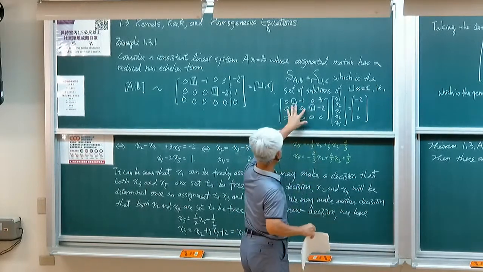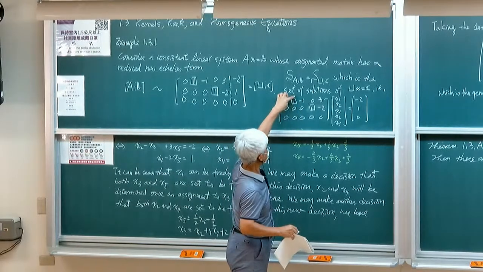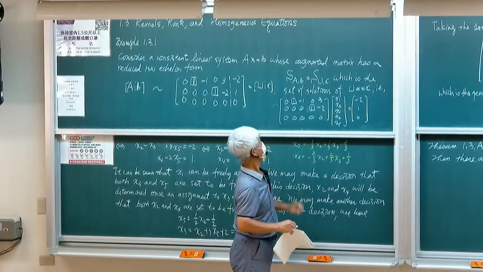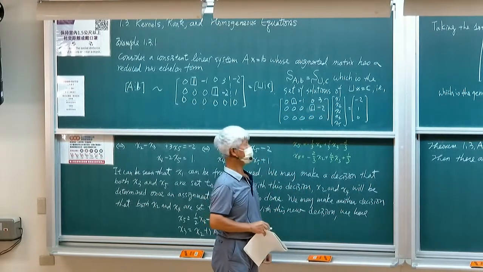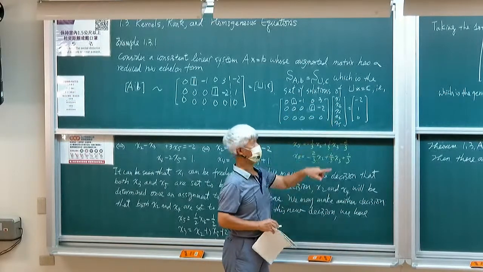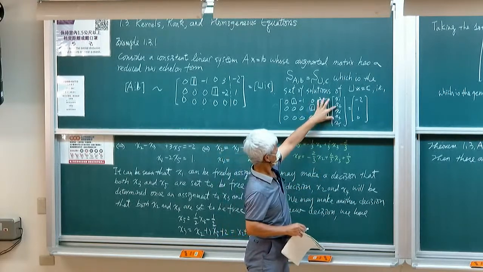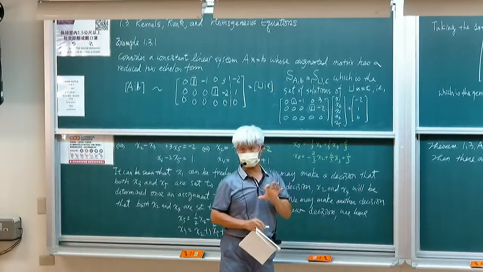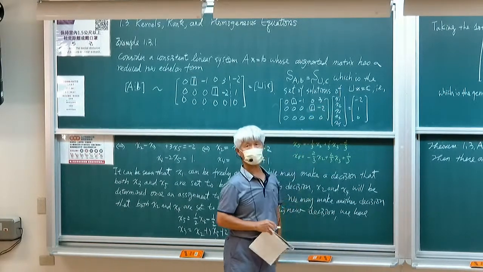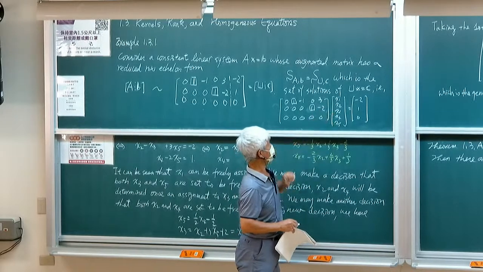In here, this pivot corresponds to the second column, so the second unknown, and this pivot corresponds to the unknown x4. Our first decision is to make x2, x4 dependent, which means x3 and x5 are free, independent.